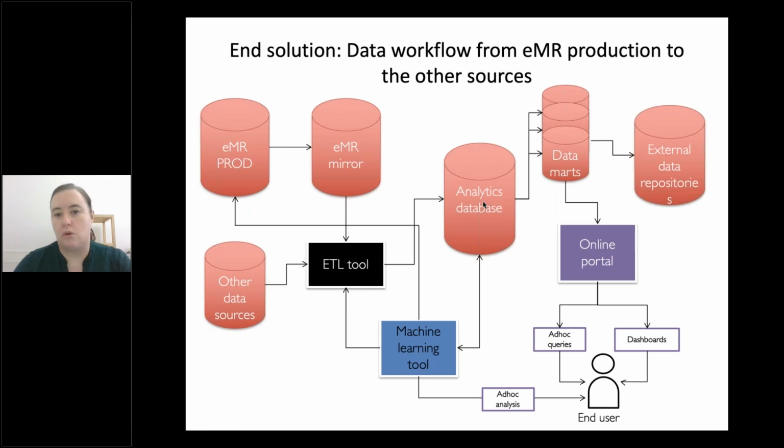That might be for things like cardiology, or it might be looking at clinical variation overall, and you can look at different diseases within that. Then it can be sent to electronic data repositories for national capture. And then internally, people can access that data either through their own queries or through dashboards.